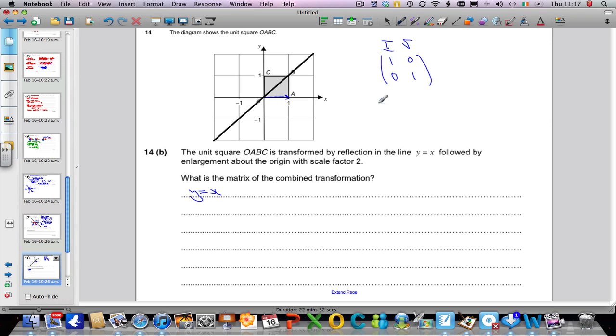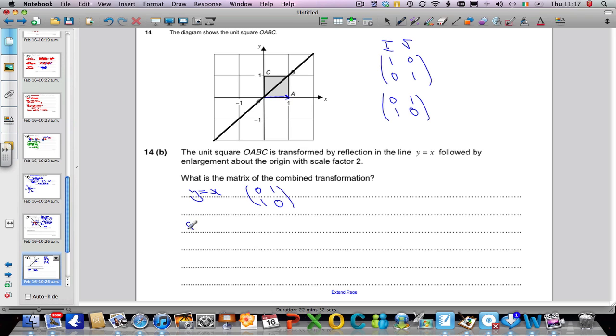Now when it gets reflected, the i component is going to go up here. So the i component is actually going to be 0, 1, and the j component is going to come down here. So the j component is going to be 1, 0. So that is the matrix that defines y equals x. So it's going to be 0, 1, 1, 0.